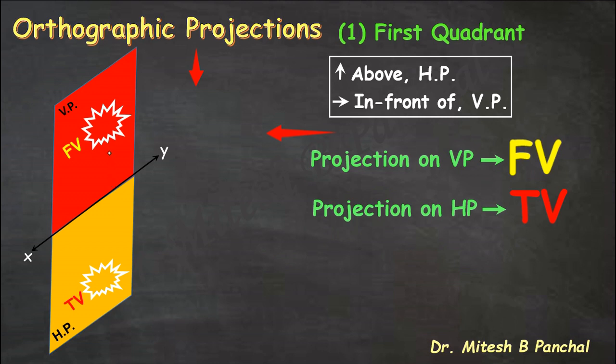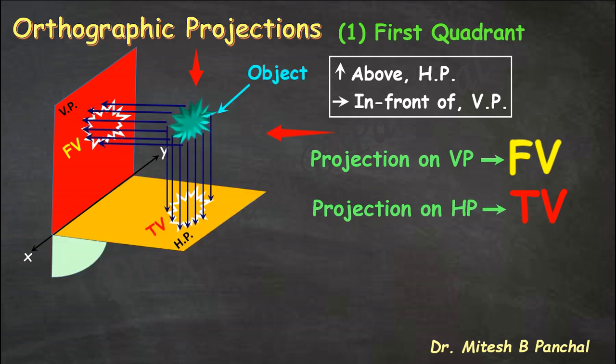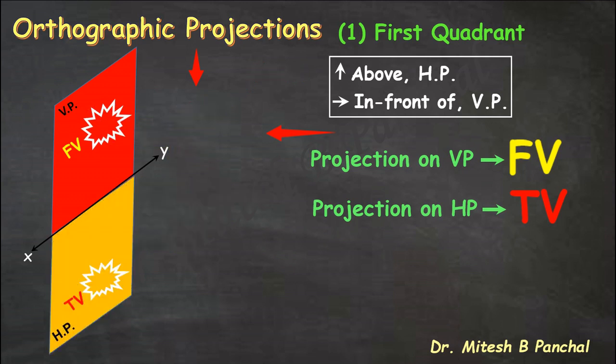So here now in this position, front view and top view are on the same plane. What is the rule? VP we have kept fixed while HP is rotated by 90° in clockwise direction about the XY line. So in this way we can get both the projections on the same vertical plane.